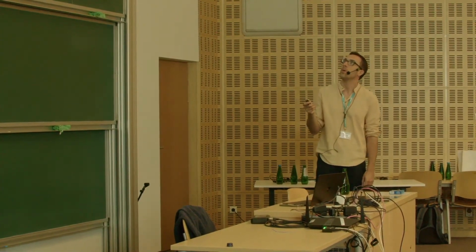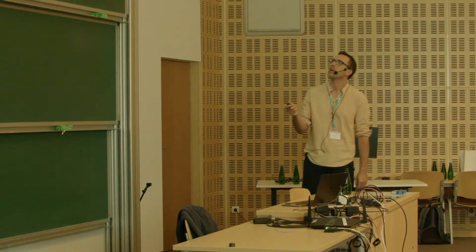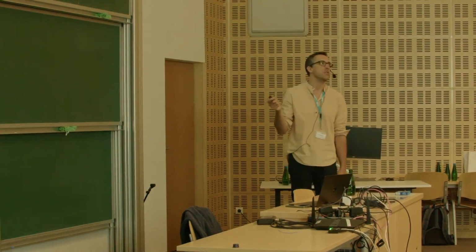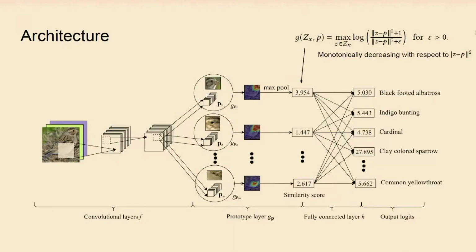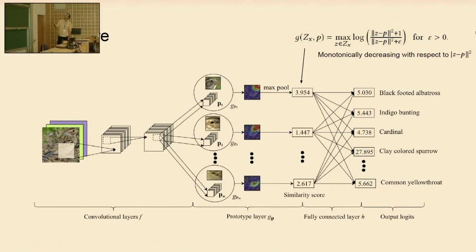Okay, so again, we have the representation space, we have the prototype layer. We should call it the prototypical part layer, but yeah. If we compare, for example, prototype P1 with each position in the representation space, we obtain a similarity map.